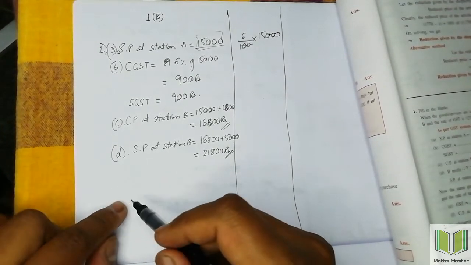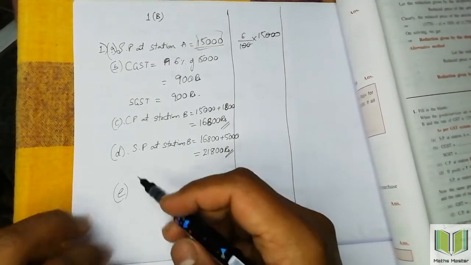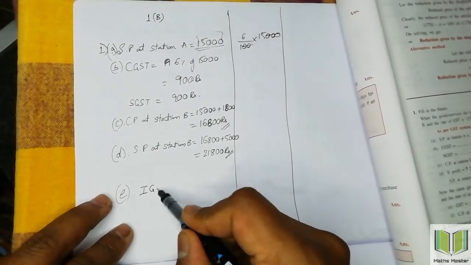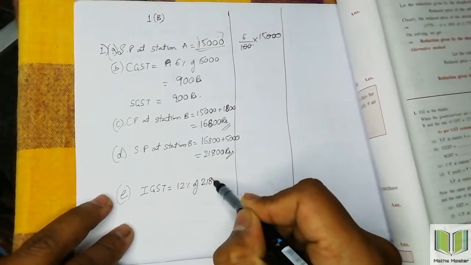Now GST for interstate transaction. Since it is an interstate transaction, I'll be getting IGST instead of CGST and SGST, which is equal to 12% of 21,800.